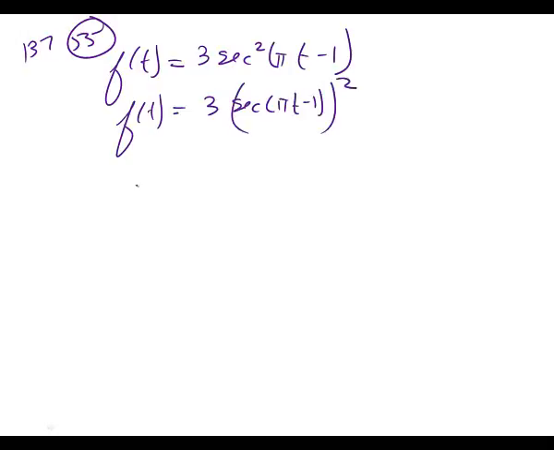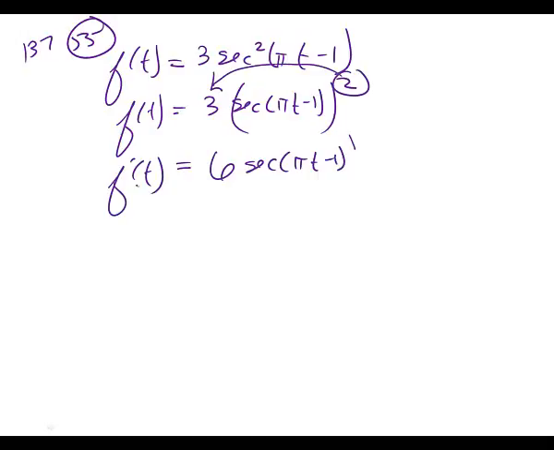So the squared is the outermost function. This is like a peanut butter M&M, so you've got to do the chain rule twice. We're going to take this 2 and bring it where? To the front. So 3 times 2 is 6, and we leave everything else the way it looks.